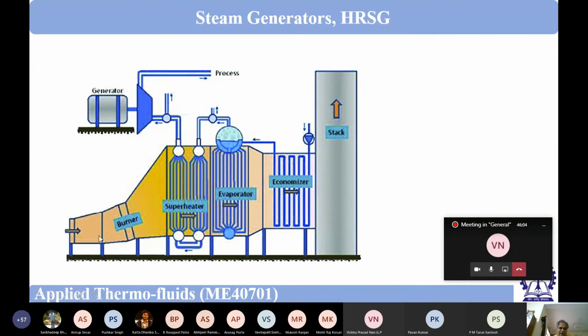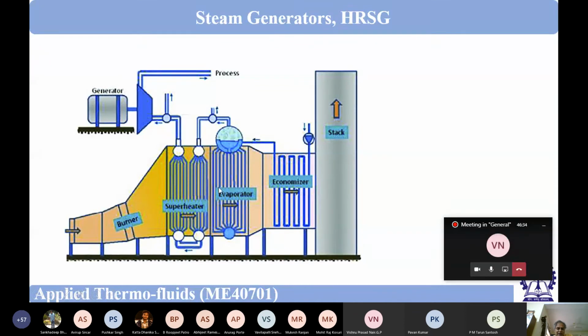But as we can see, the temperature is the highest over here. Then temperature will go on reducing, and near the stack temperature is the minimum. At the highest temperature we will have the superheater. So this is the superheater, and we can see these are the headers of the superheater. By now, I think you know what a header is. So this is your superheater tube.